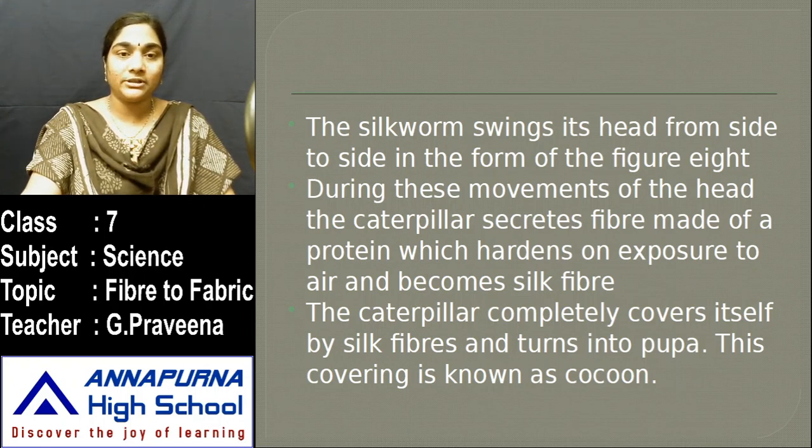As such, you have seen different types of silk fibers such as kosa silk, muga silk, and tussar silk. So there is a wide variety of silk fibers, and it completely depends upon the silk moth that spins it.